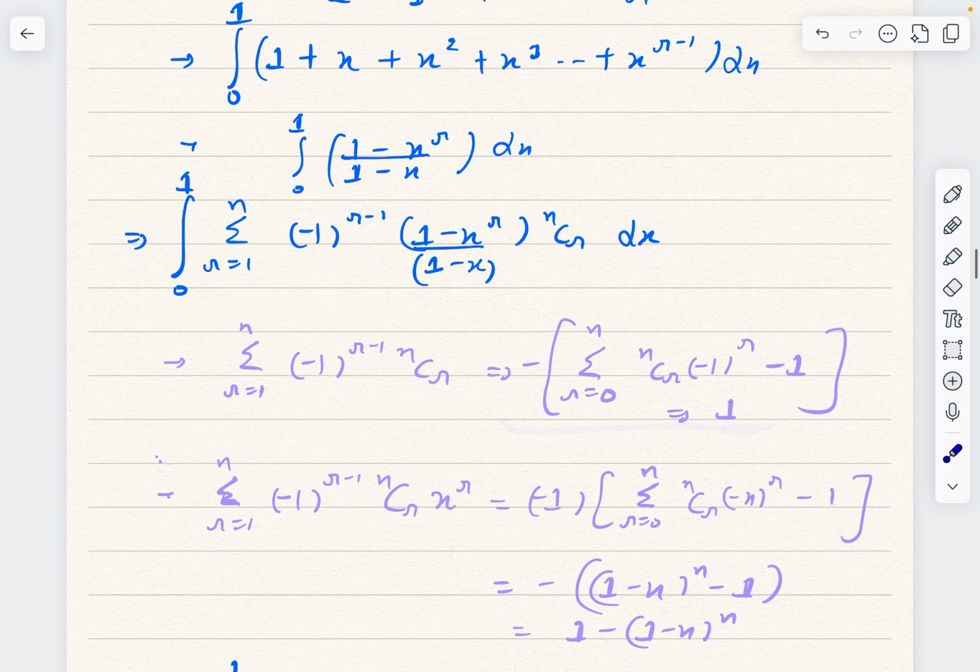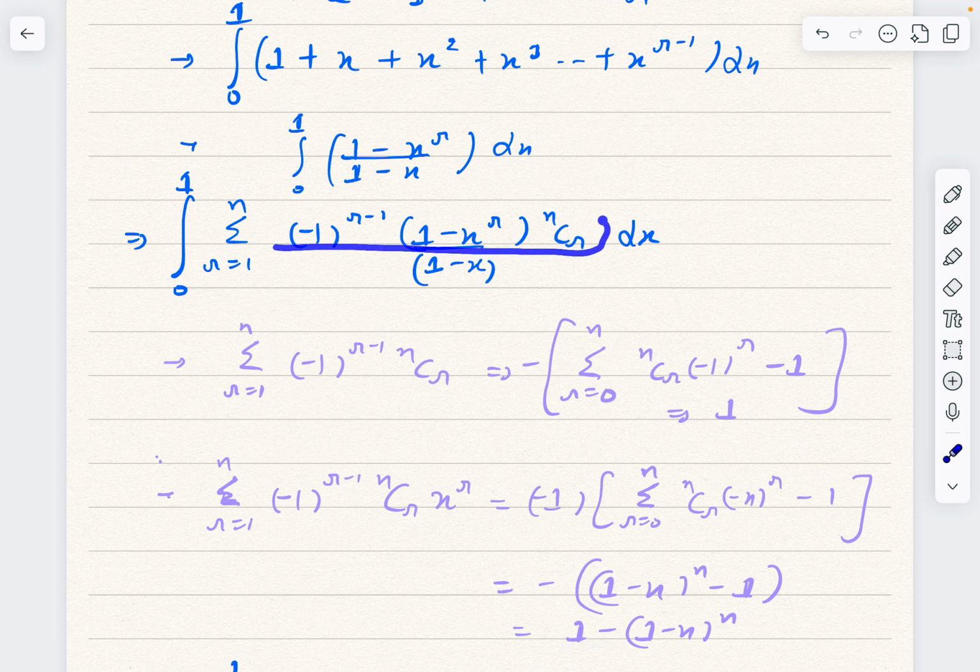And if we have this x power r thing, so minus 1 power r minus 1 NCR x power r, here also again minus outside, we get summation r 0 to n NCR minus x power r minus 1 because first term was missing. So this will become 1 minus x power n minus 1, negative outside. So this will be 1 minus x power n.